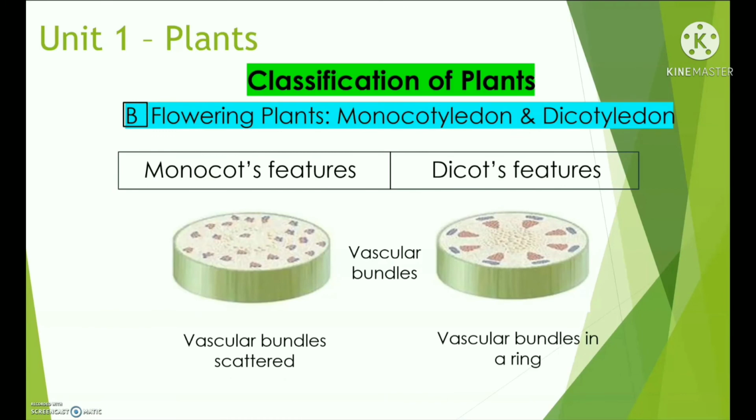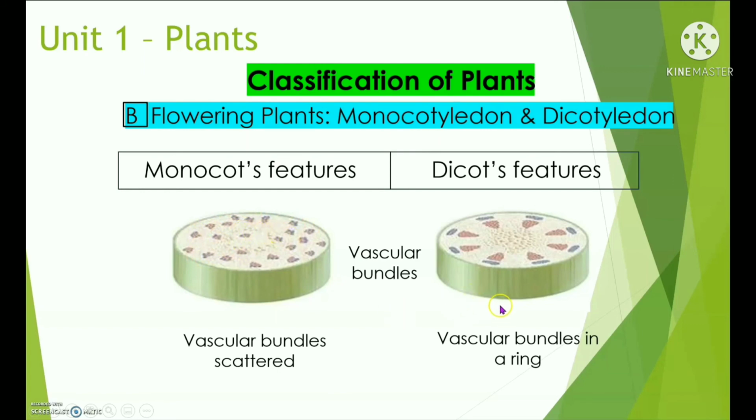Okay, next feature is the vascular bundles. The vascular bundle is what you will see when you cut the stem of the plant and look inside the stem. For monocot, when you cut the stem, you will see scattered vascular bundles.